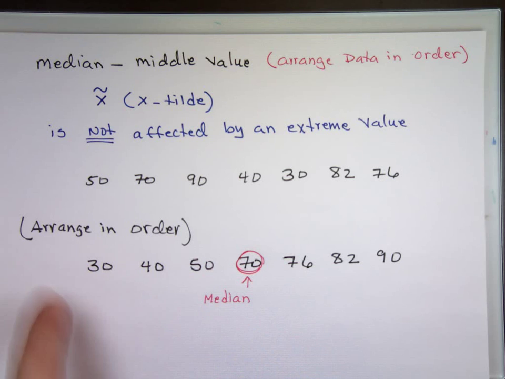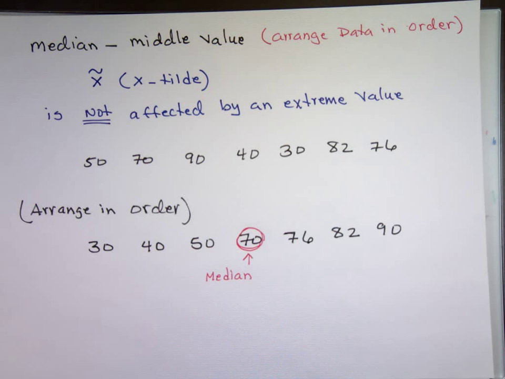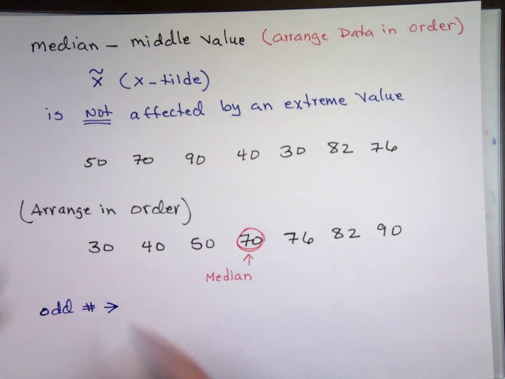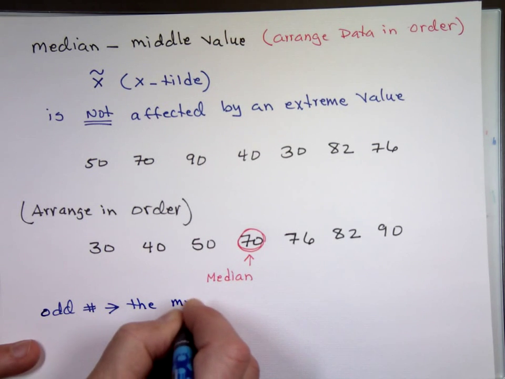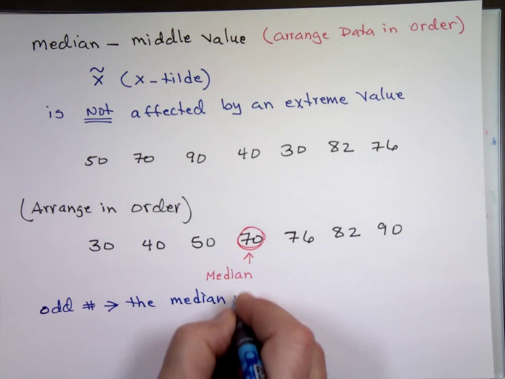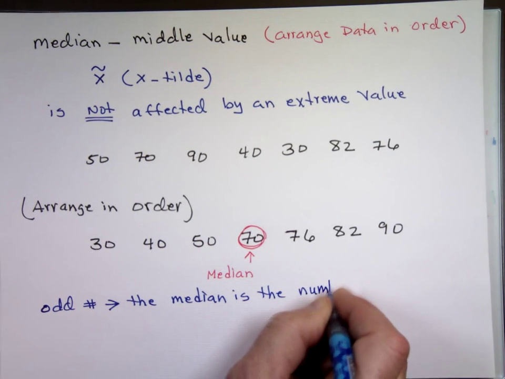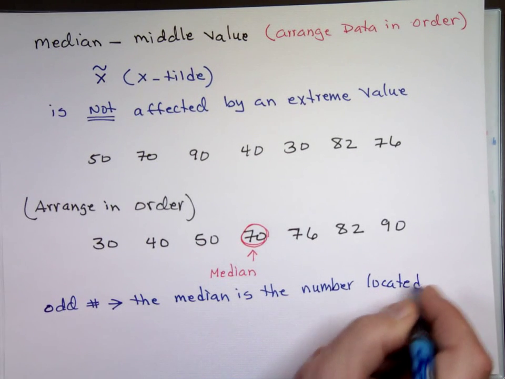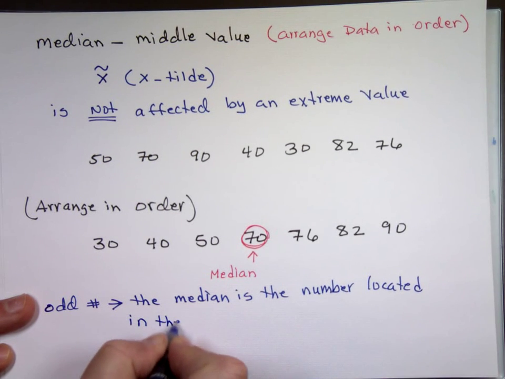So when you have an odd number of values, the median is what? It's the number located in the middle. In the exact middle.